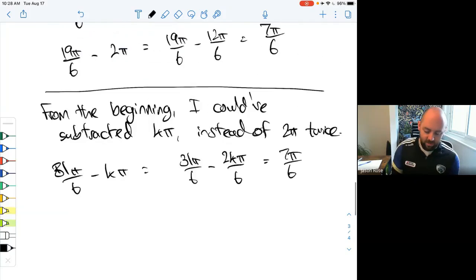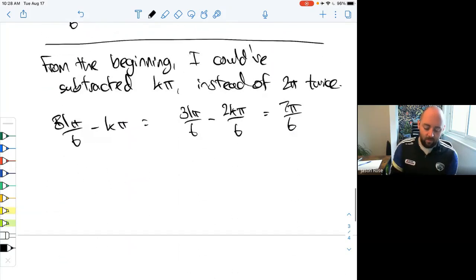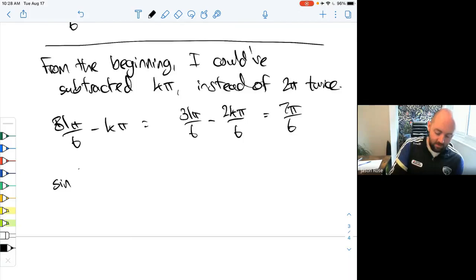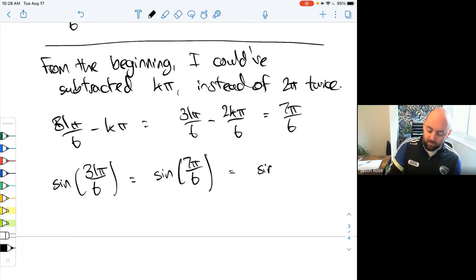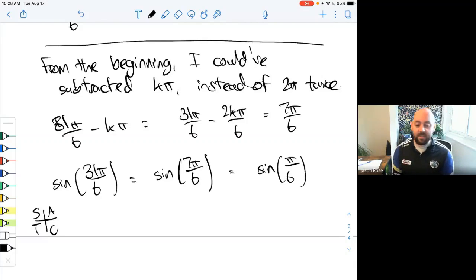So what was the question again? It was sine of 31 pi over 6. What we just worked out is that when we took away 2 pi twice, we said that it was 7 pi over 6. We're going to drop the 7 on top, and somewhere we're just going to say, wait a second, I have this CAST thing.